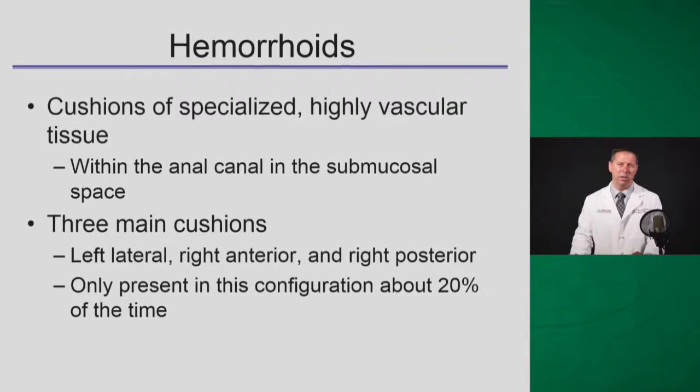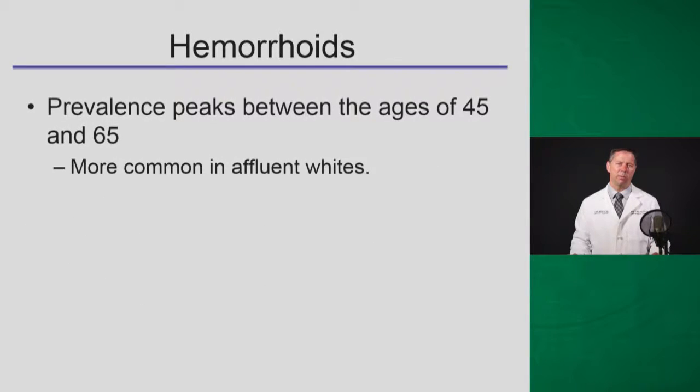So hemorrhoids, as you all know, are normal parts of the anatomy. They're cushions of specialized, highly vascular tissue within the anal canal in the submucosal space. In general, there are three main cushions: left lateral, right anterior, right posterior. But they're only present in this configuration about 20% of the time. Everyone has hemorrhoids, and they become a problem when they're symptomatic.